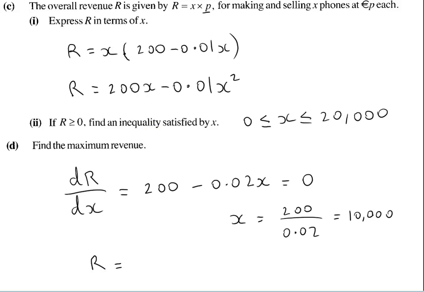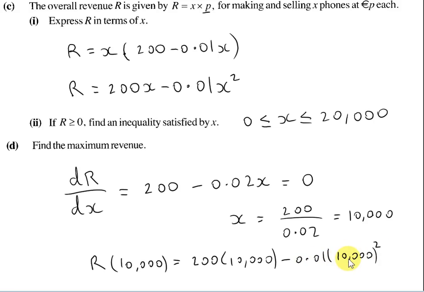So we calculate R when x is 10,000. Work this out and you do indeed get 1 million. So 1 million euros is the maximum revenue.